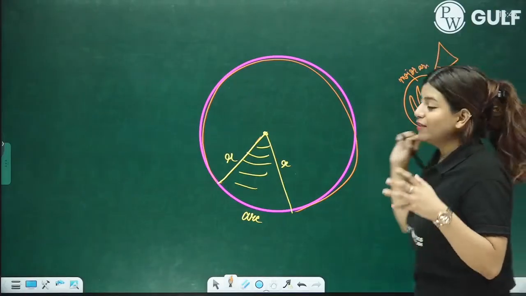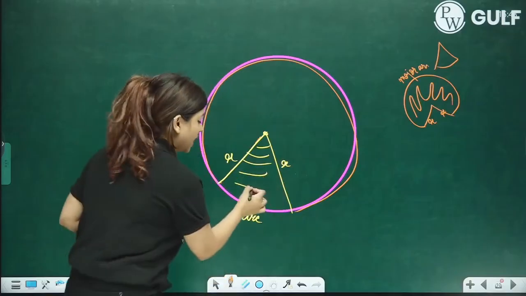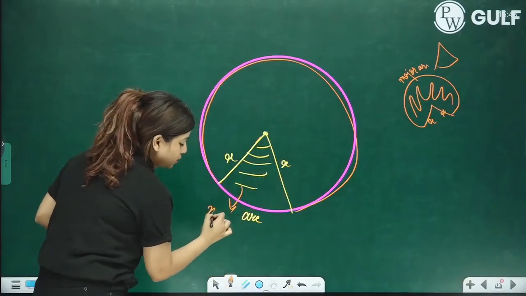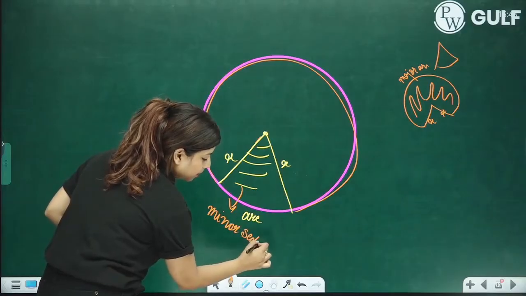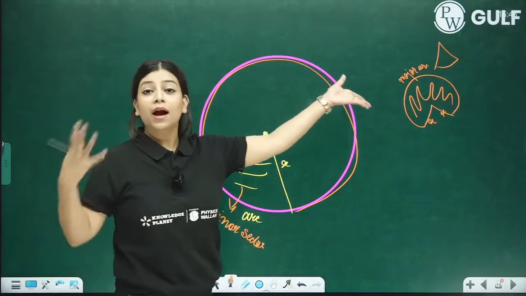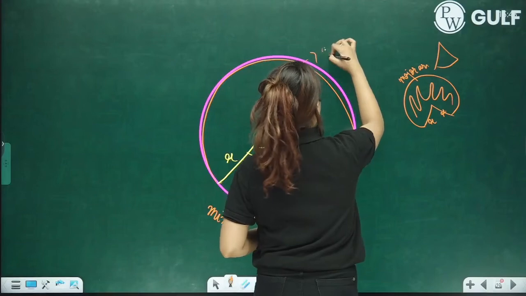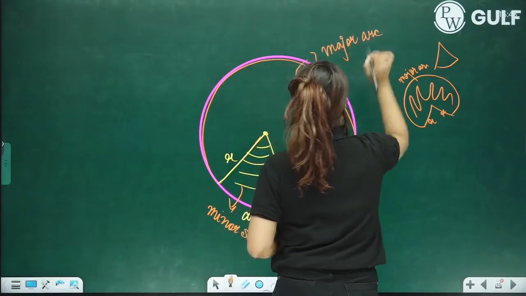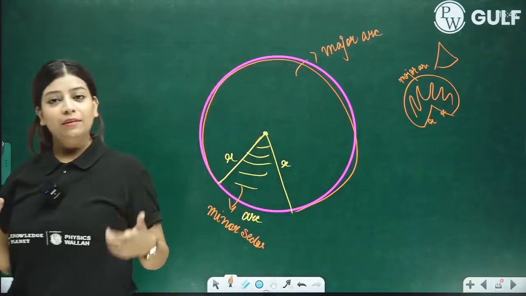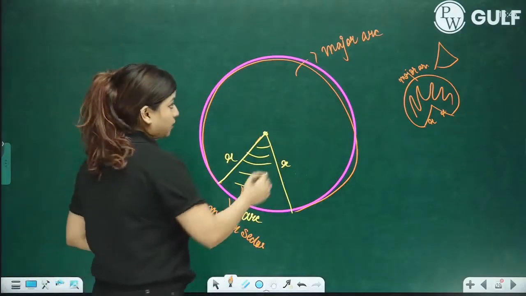Similarly, we can categorize the sectors: this is the smaller one, so this is known as the minor sector, students. And since this is the bigger one, this is known as the major sector.